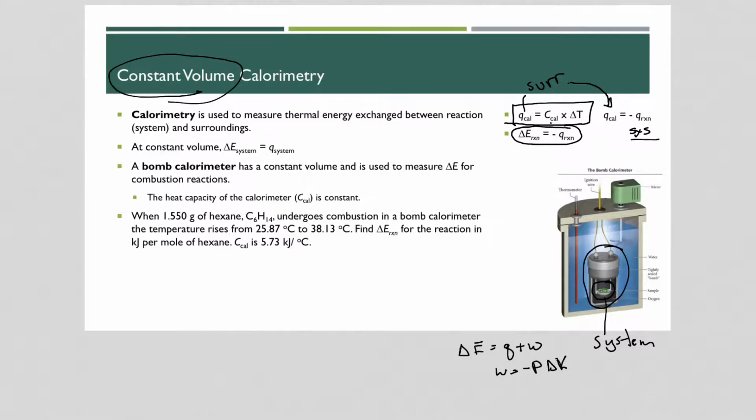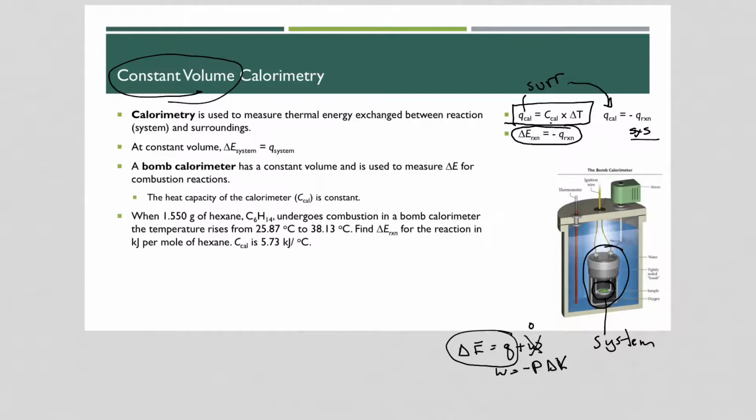So there is no change in volume. There is no work being done here. So in this case, work equals 0. So this is why we can say that delta E is simply equal to Q, in this case, our Q of reaction.